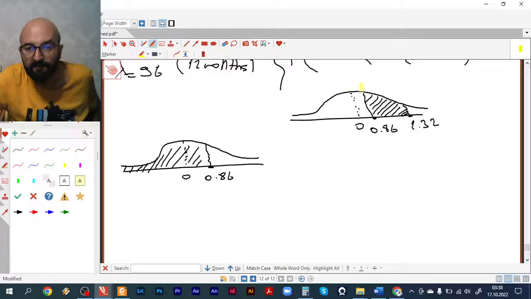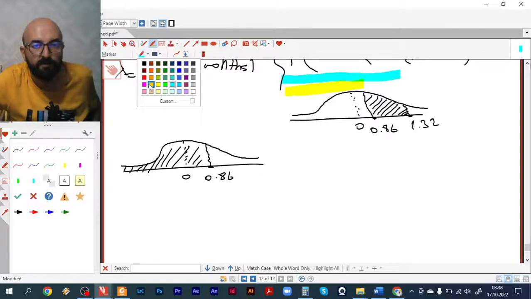When you look at the z table, you will find this area. And when you look at the z table for 1.32, you will find this area, and blue area minus yellow area, you will find the green area.